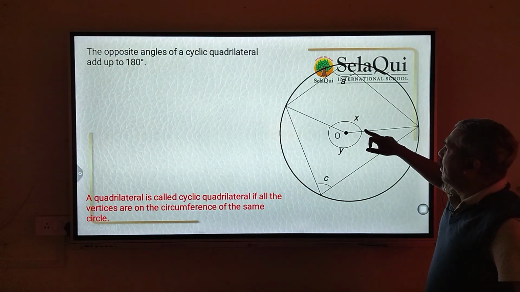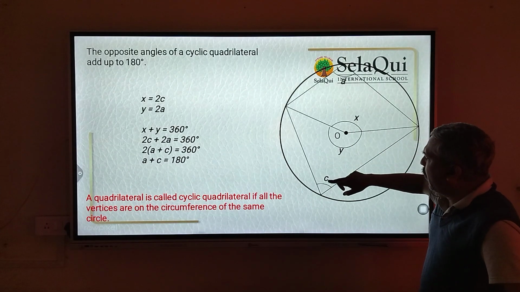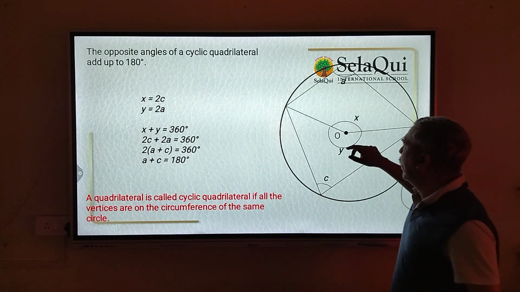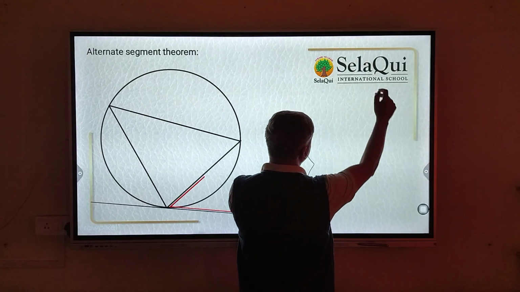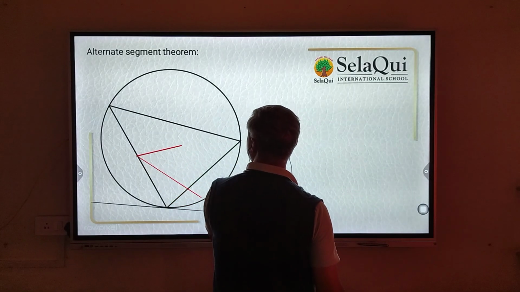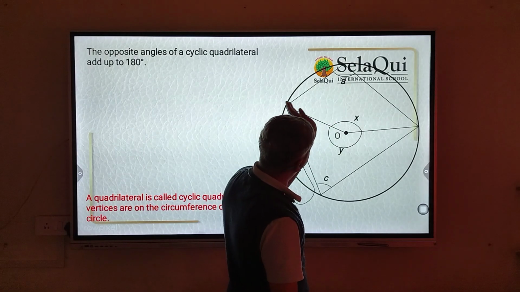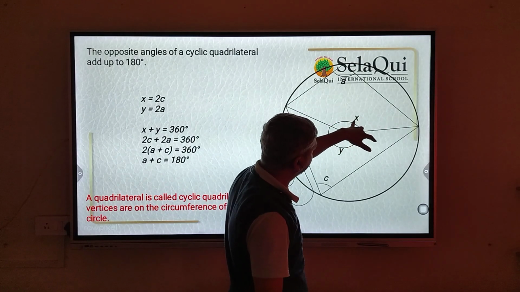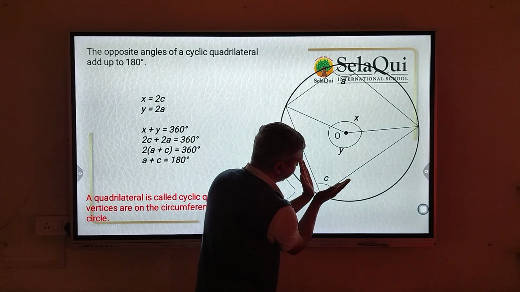This is the central angle. Now X will be equal to twice C. Why? The angle subtended by the same arc or the same segment at the center is twice the angle it subtends at the circumference.